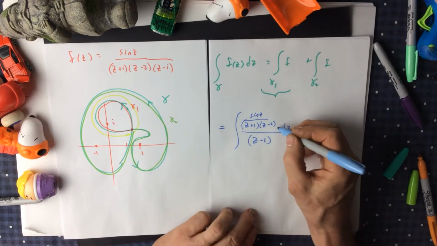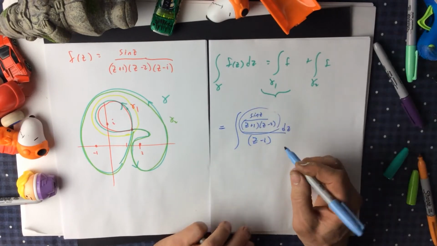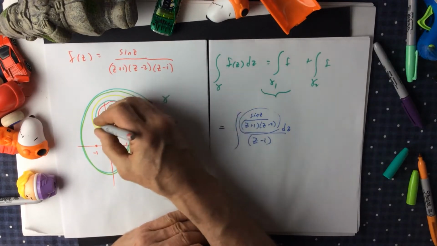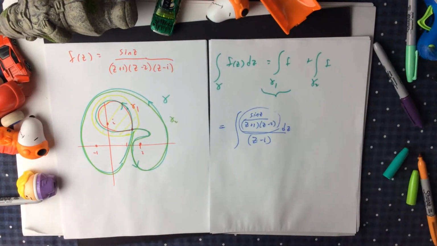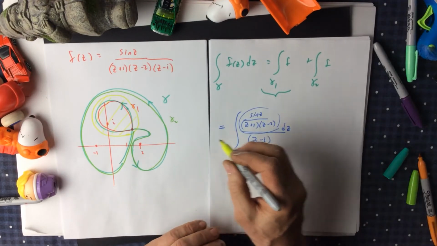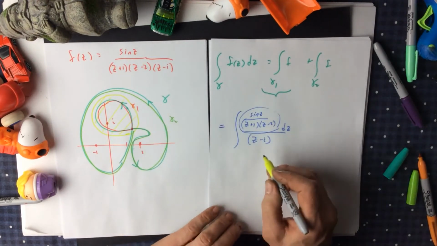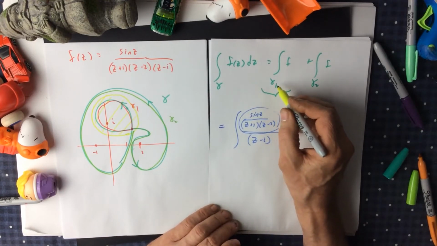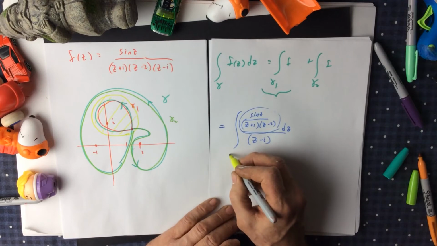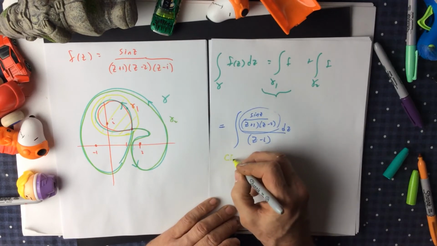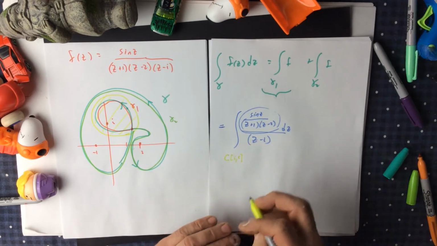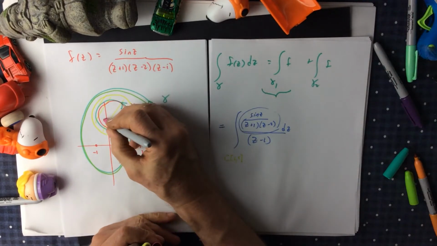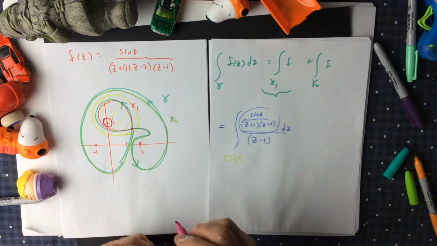Now, this function is holomorphic in that region G and its interior, and we have z minus i with a point on the inside. I'm now going to claim that this integral over gamma 1 is equal to the integral over a circle centered at i of radius r, that I've picked sufficiently small so it fits inside.